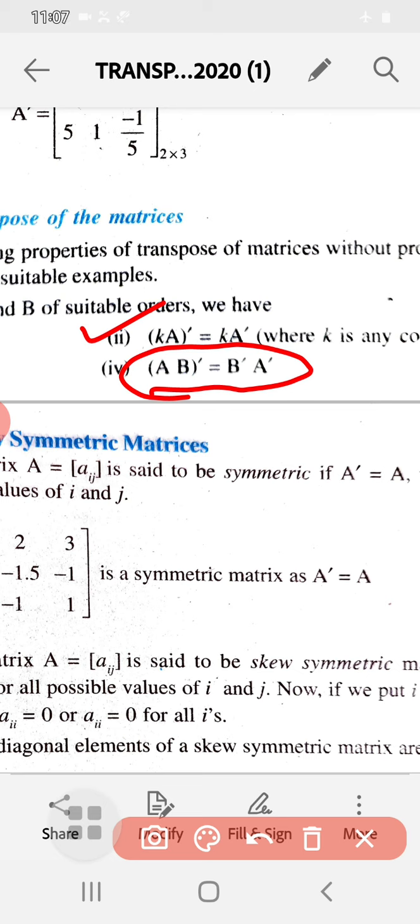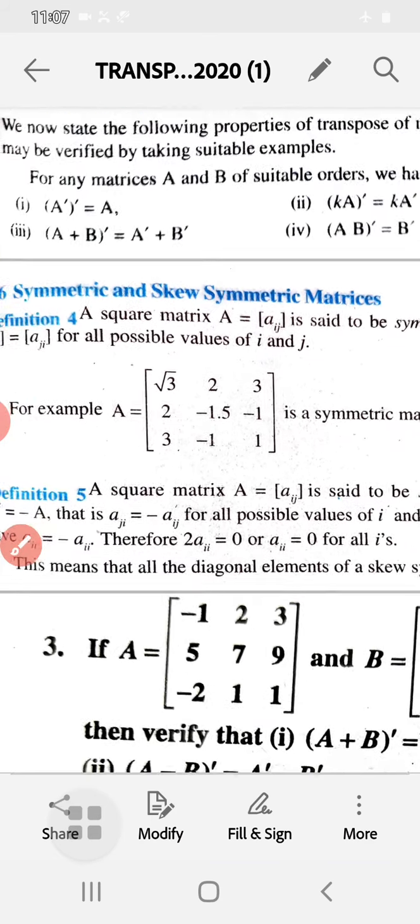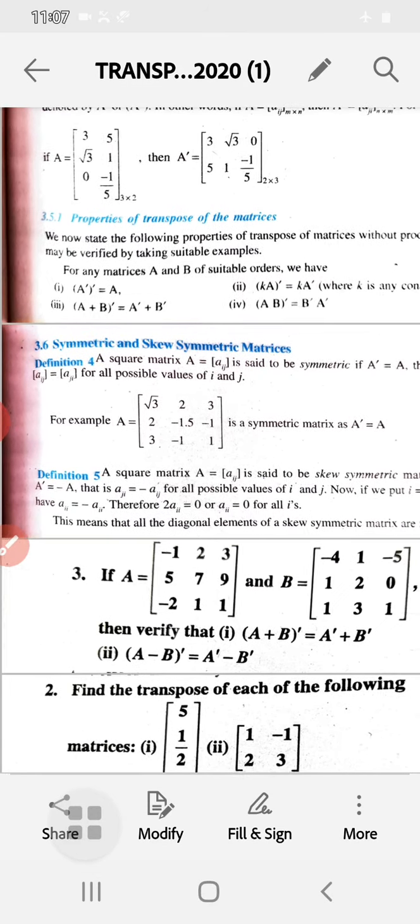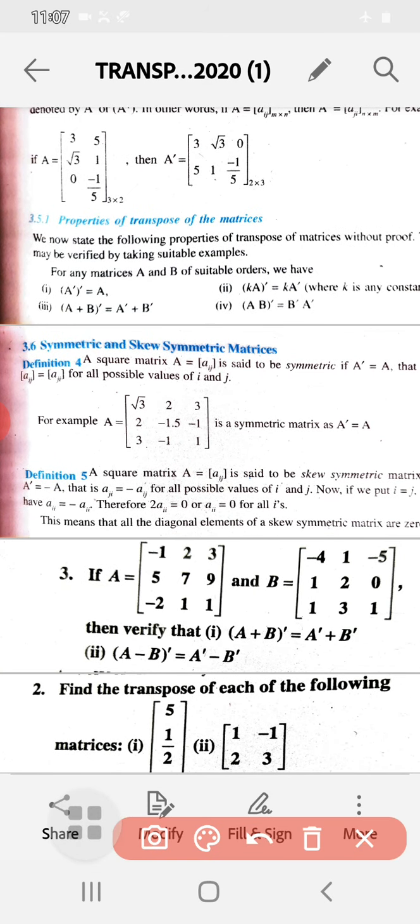So these are the properties of transpose of a matrix. Then we have learnt symmetric and skew symmetric: definition of symmetric and skew symmetric matrices. As I told, A dash is equal to A means that matrix is a symmetric matrix. Then A dash is equal to minus A, or A equals minus A dash, means that is a skew symmetric matrix. So we can verify all these properties.